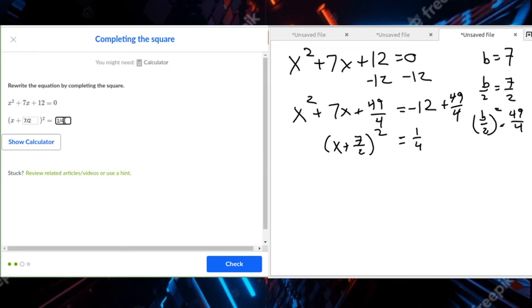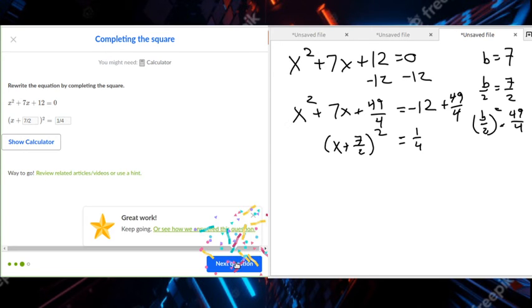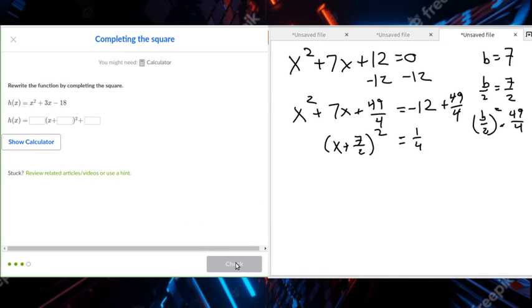And when we solve by completing the square, really most of the time it's not a whole number. Last one, I'm going to see if I can do it on the bottom of the paper. X squared plus 3x minus 18 is equal to h of x.